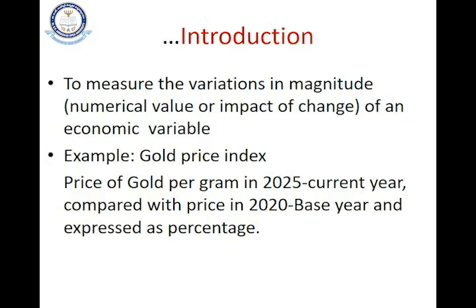In this example, the 2020 gold price is taken as the base year and the 2025 gold price is taken as the current year. Current year price is expressed as a percentage of the base year price. That means the 2025 current year gold price is expressed as a percentage of the 2020 gold price.